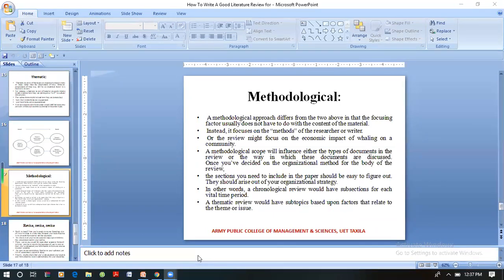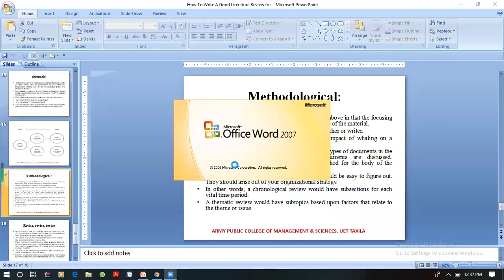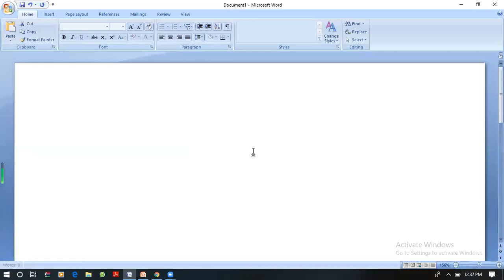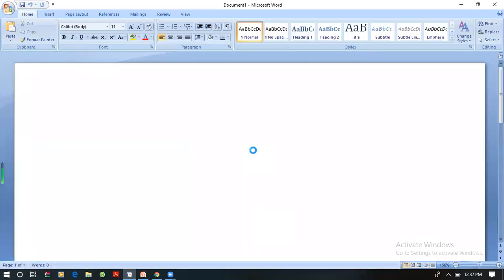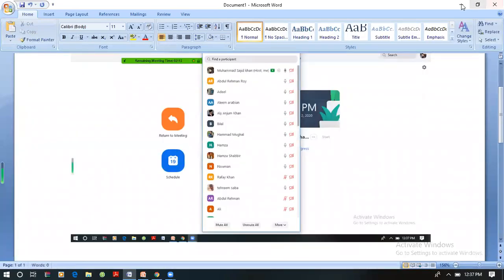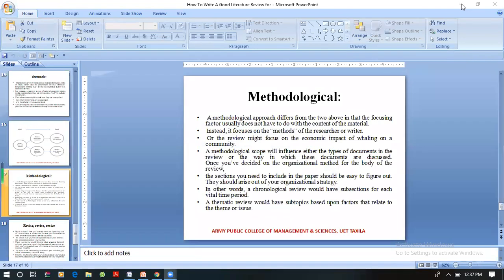The gaps which we have in the problem statement, we are trying to explain in the literature review. That's what we normally do here. Okay, please, no panic in the group.